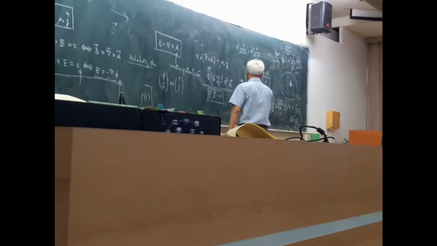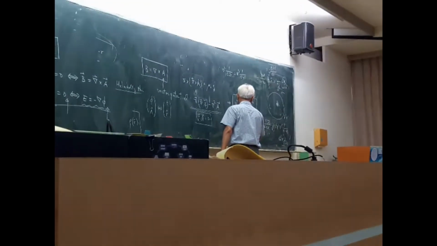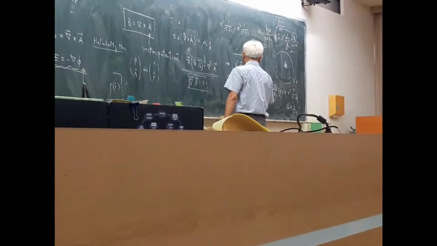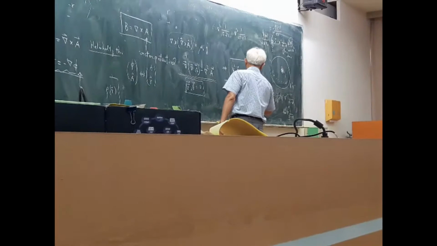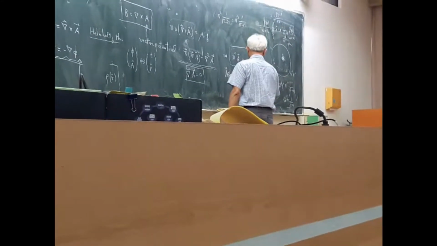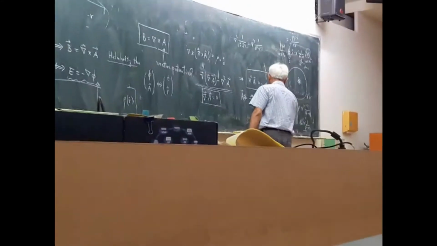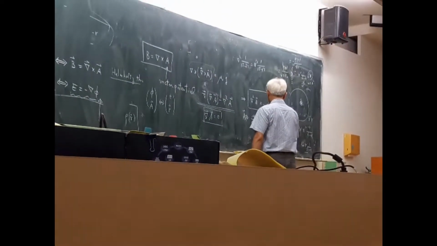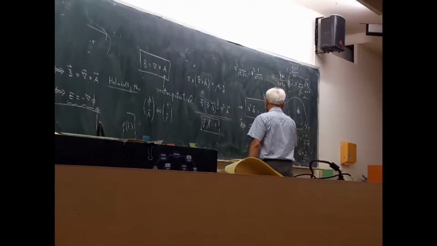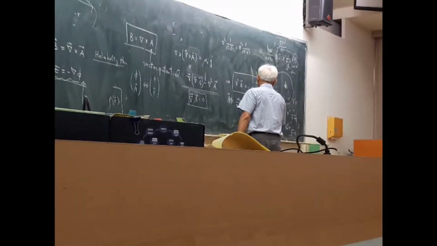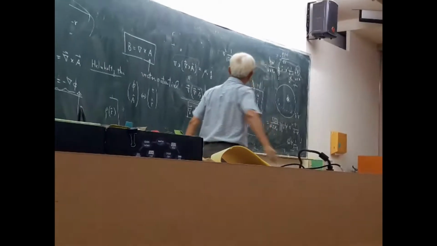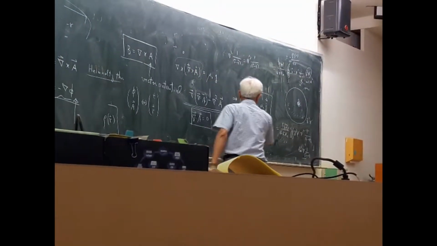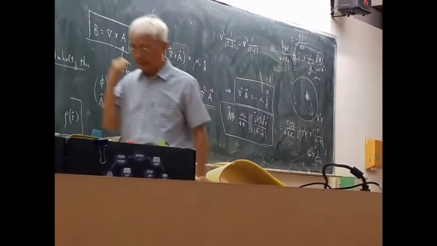So we have a solution for each component. A of R equals an integral involving R minus R prime and J of R prime. The vector potential is given like that.